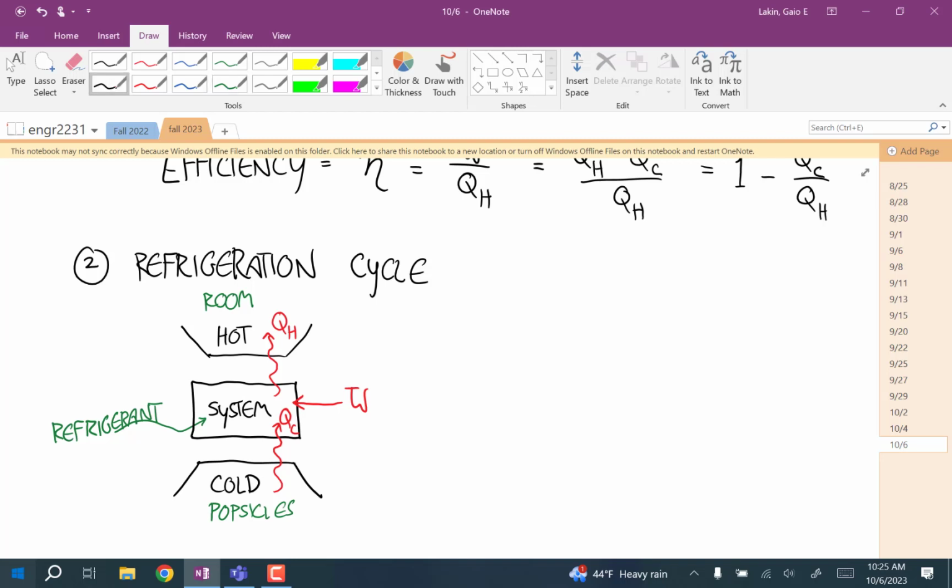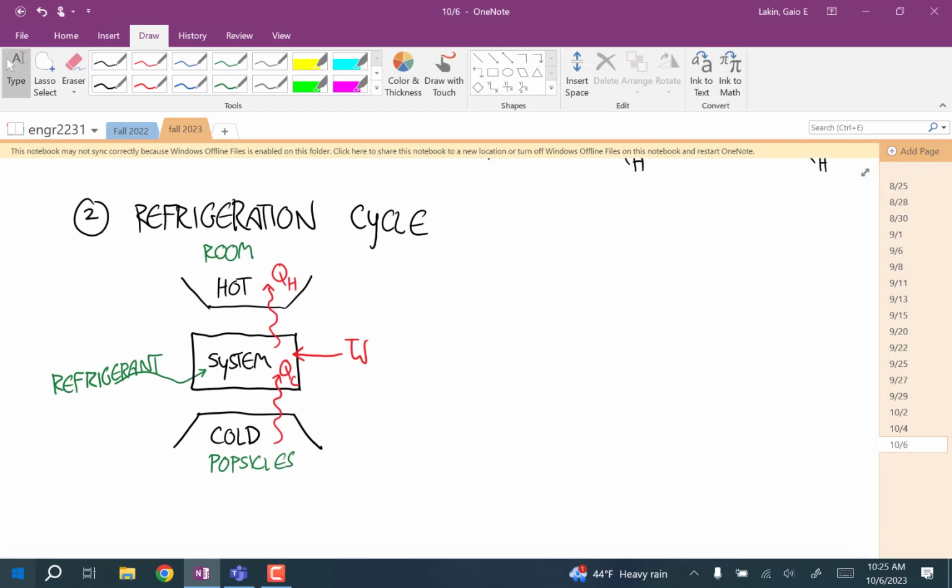Okay, so you have the same relationships here, even though the sign convention of everything is reversed. You have these same equations. So you can think of it as QC plus W is equal to QH.